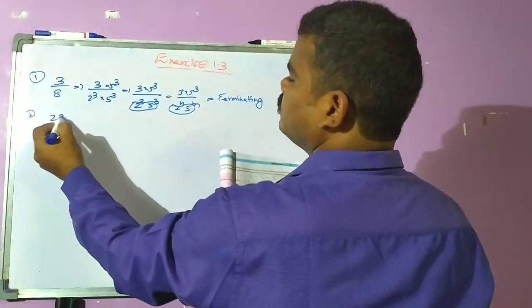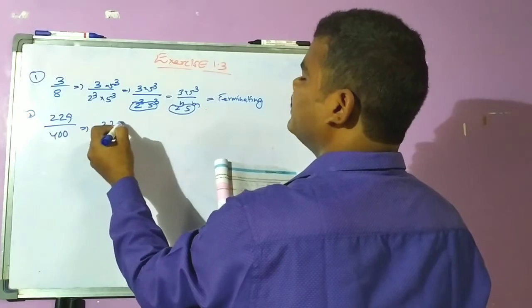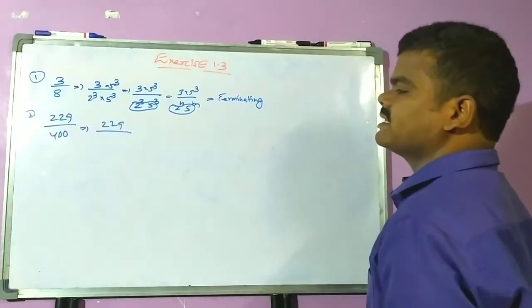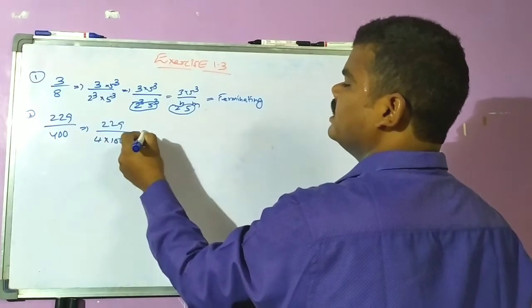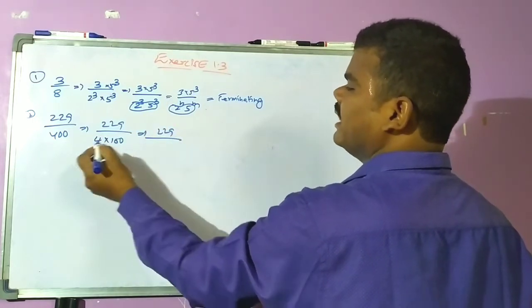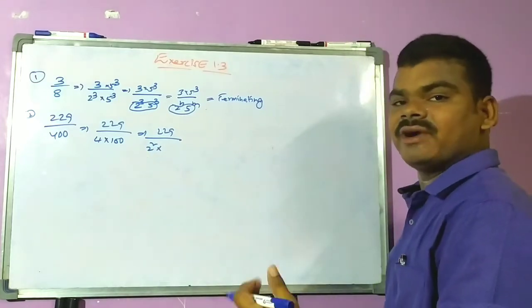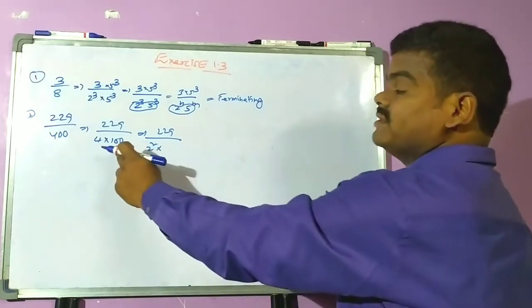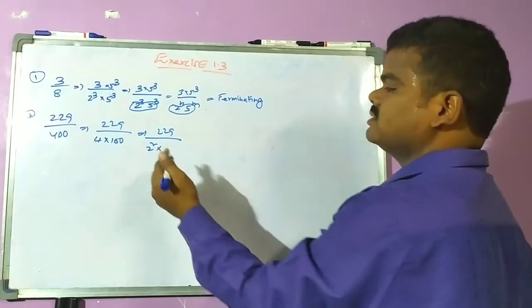Second one, 229 by 400. 229 by 400 can be expressed as 4 into 100, that is 2 square and 5 square, which is 10 square, equal to (2 × 5) whole square.